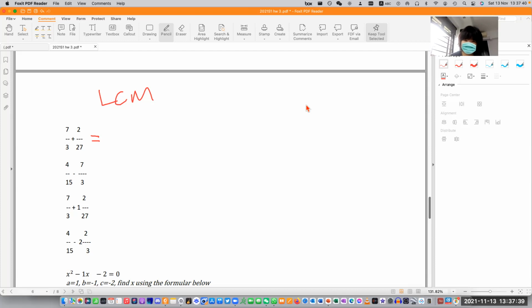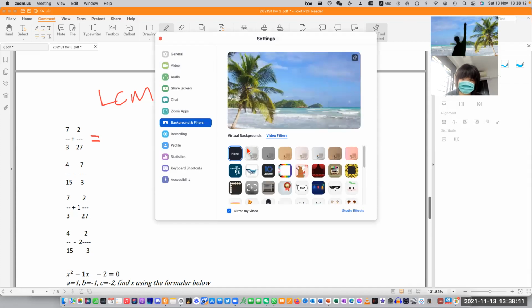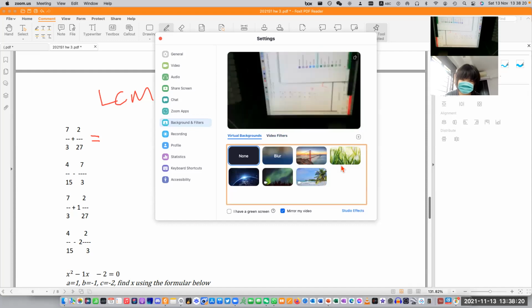Oh, by the way, let me show you my cube setup. Let me turn my camera around and you can see my setup. Can you see my setup? No. Hold on. I need to remove the filter. Choose video filter, no filter. Okay, can you see my setup?